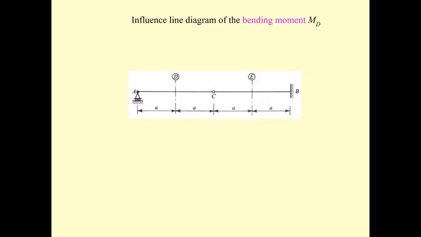Okay, M sub D. To do this, it's going to be the same. Same what? This portion of the beam is going to connect to this, and then you have the pin at C and roller at A, and then what?